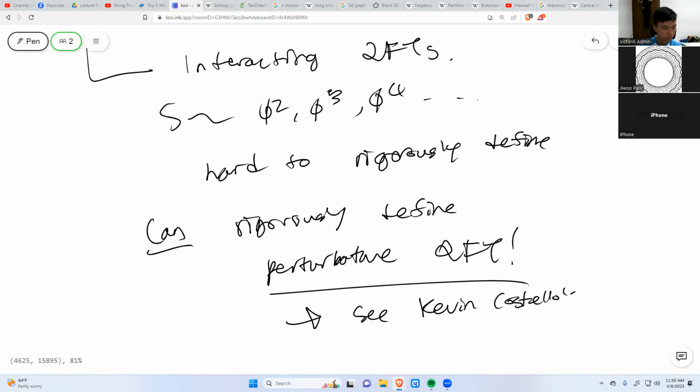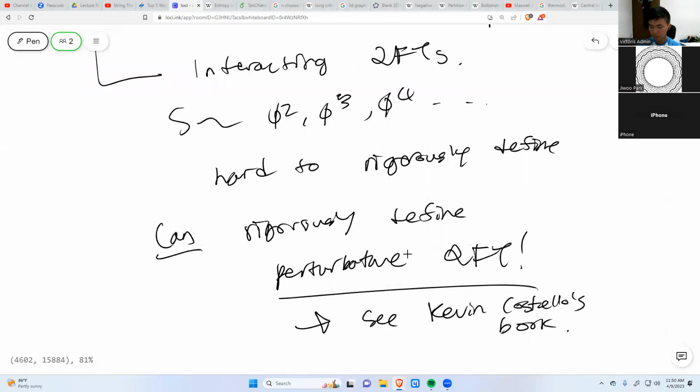And many people agree that you could rigorously define perturbative string theory as well. From a mathematician's perspective, perturbation theory is really about giving some mathematical information to a series of diagrams, Feynman diagrams. And that is a much simpler problem than defining the quantum field theory in full because there are non-perturbative effects.